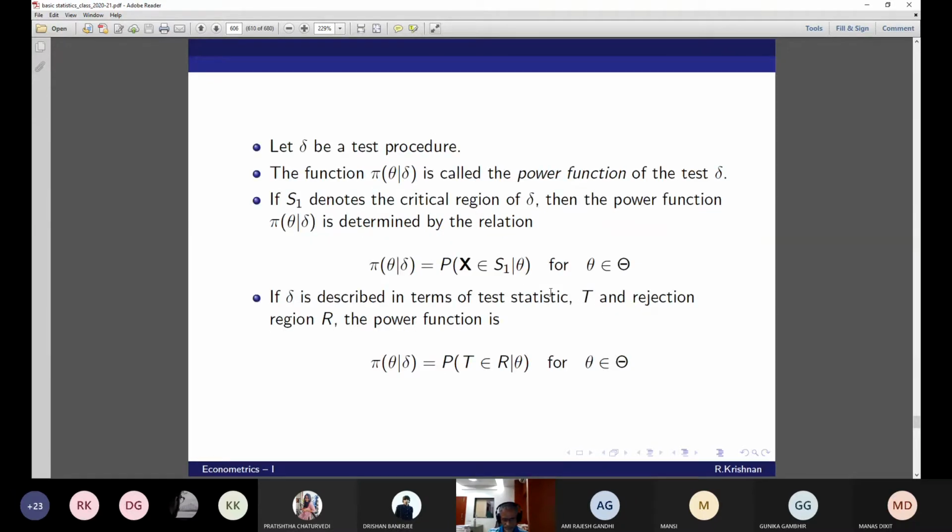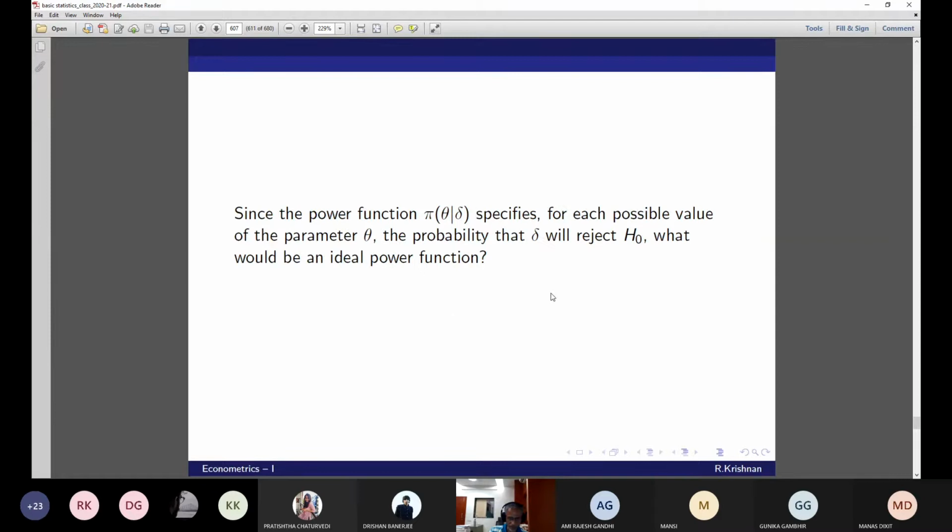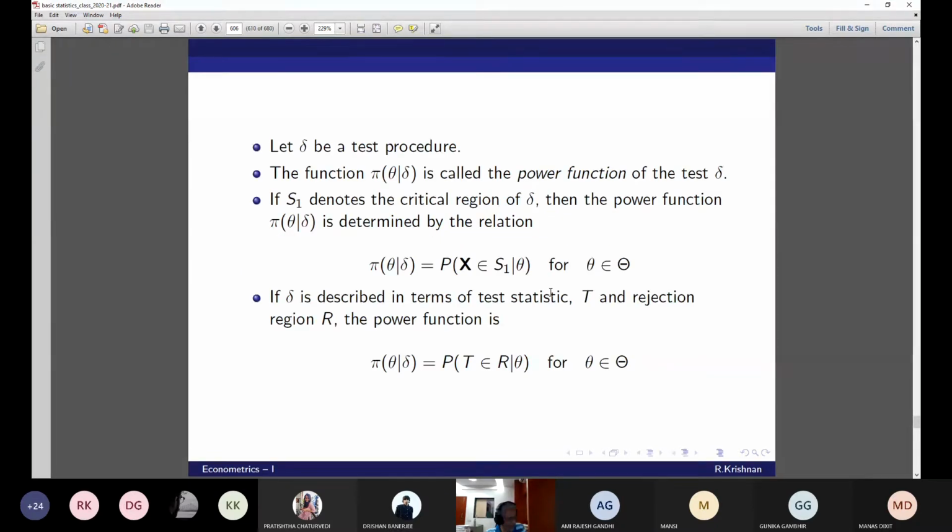Yesterday, somebody asked me this question. What would be an ideal power function, given this? So something that is always close to 1. It is 1 when x is in S1 and 0 when x is not in S1.